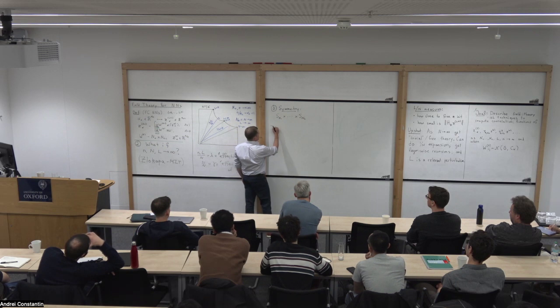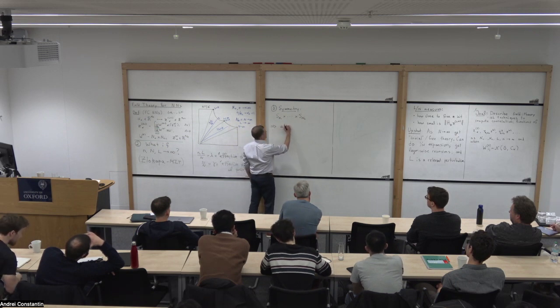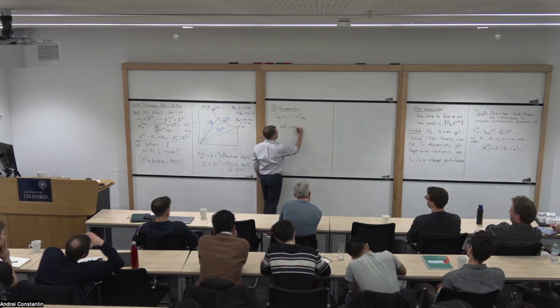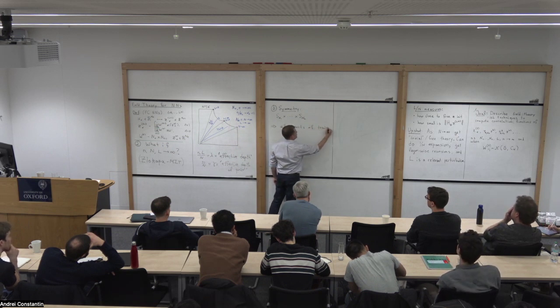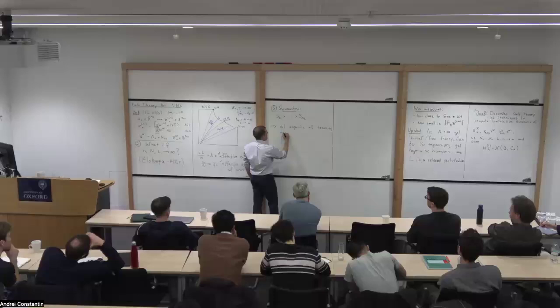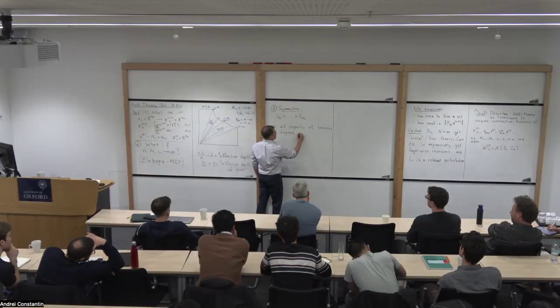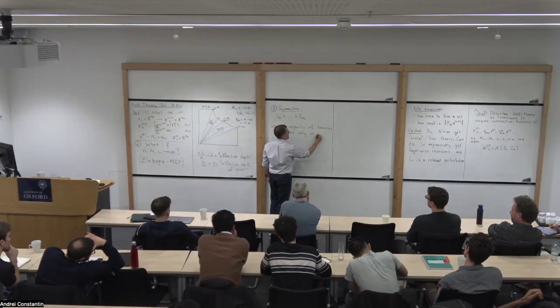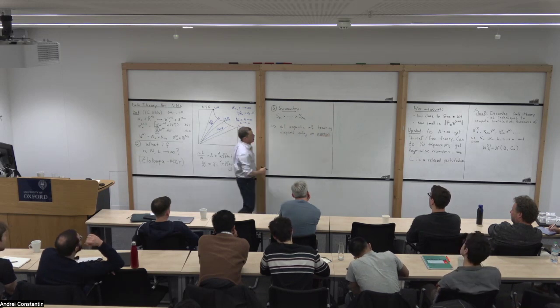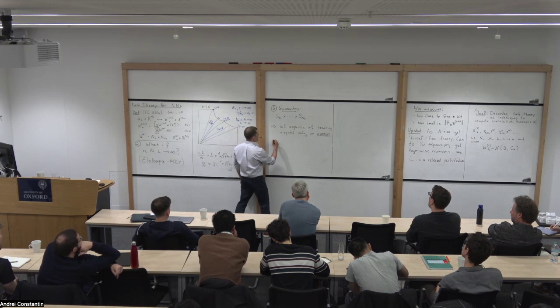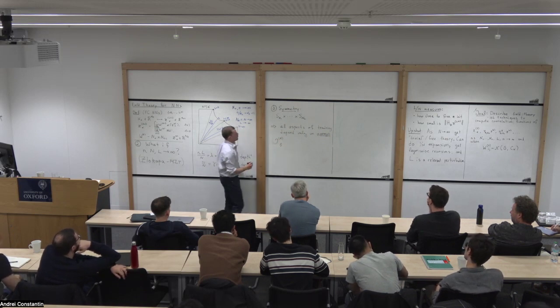So what this basically means is that all aspects of training, doesn't matter if it's at initialization or not, depend only on averages over neurons. This is a non-asymptotic statement. So I'm going to introduce my notation for an average. I call it O for observable.